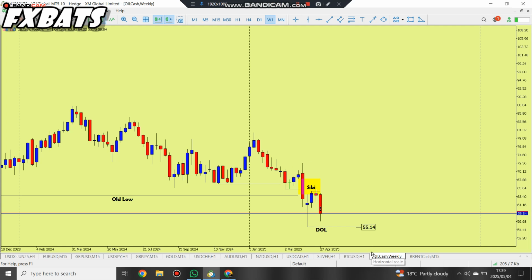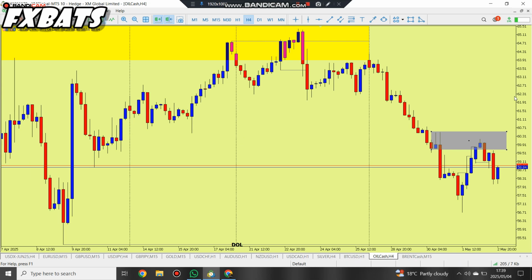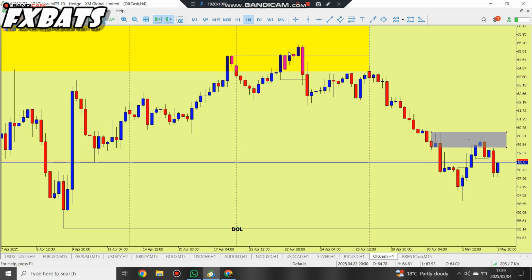On 4 hour, we want to find our context. When the price of oil bounced off this weekly imbalance, which is the CB, we expected a shift in momentum. You can simply tell when you see fair value gaps.